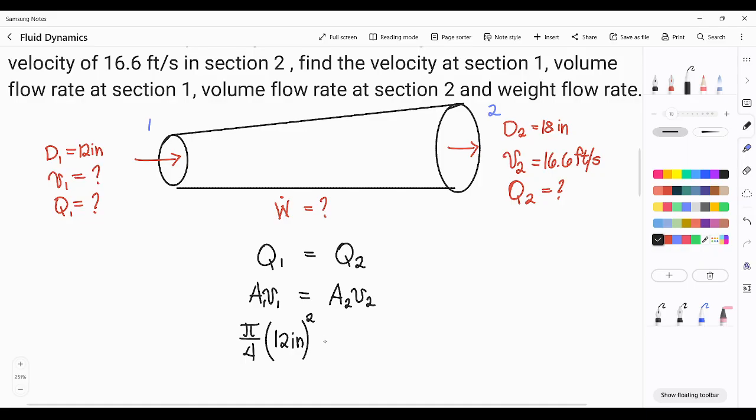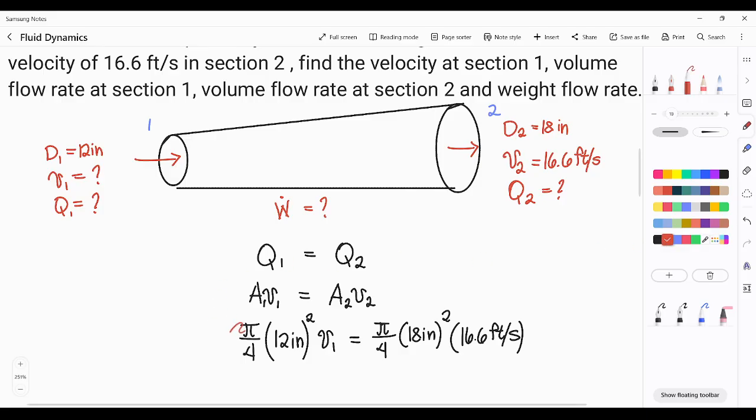That should be squared. V1, the missing variable. And our area 2 is also a circle with a relatively larger diameter of 18 inches, squared. And the given velocity at section 2 is 16.6 feet per second.